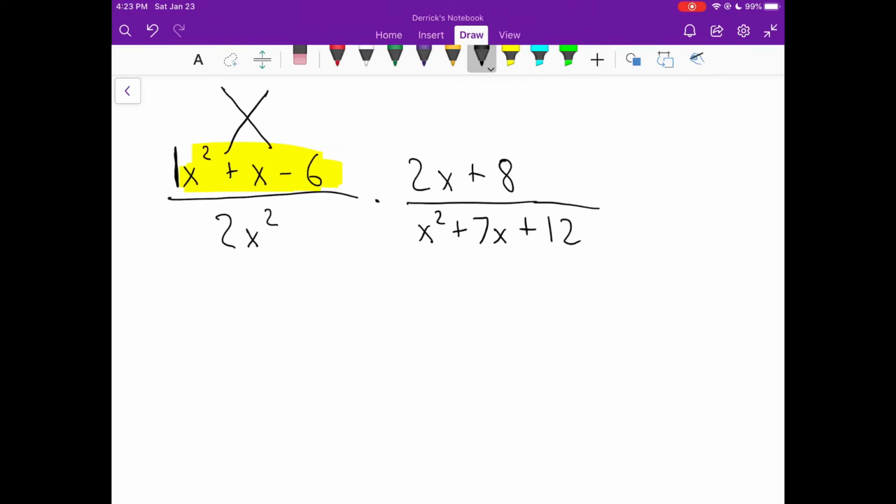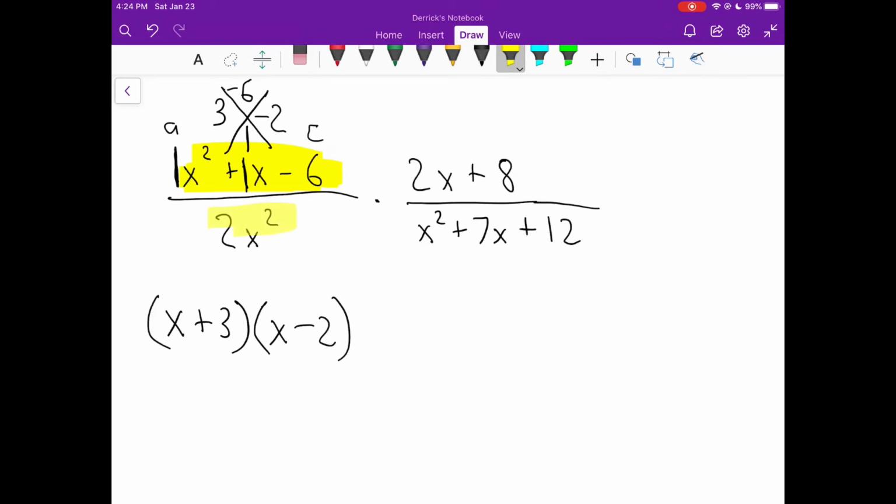So we take our a value, the coefficient in front of x squared, which is 1, and our c value, the constant term, and we take a times c, 1 times negative 6. Then we take our b value, the coefficient in front of just the x term, which is 1, and we are looking for two numbers that multiply to negative 6 but add to positive 1. In this case, 3 times negative 2 is negative 6. 3 minus 2 is 1. So we could factor this to x plus 3 and x minus 2.